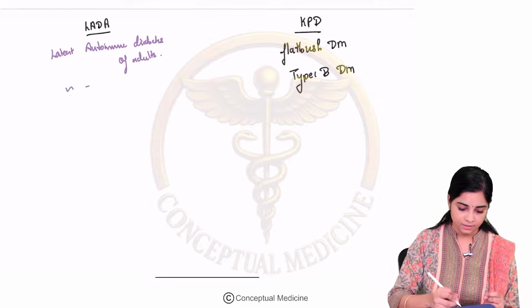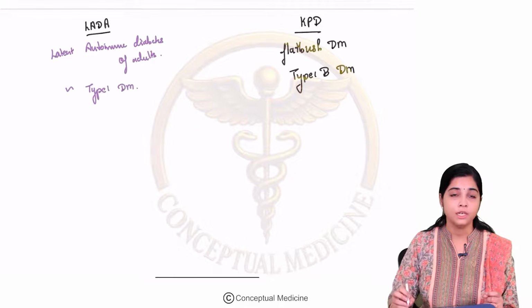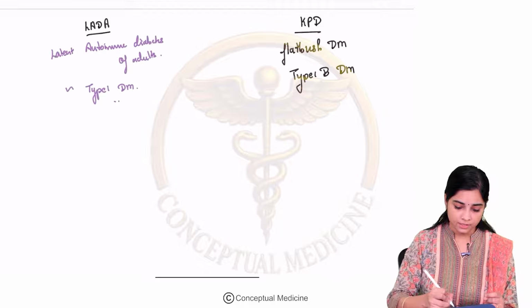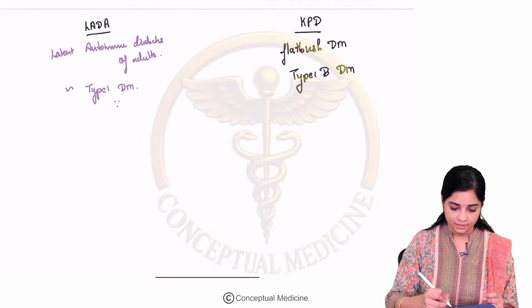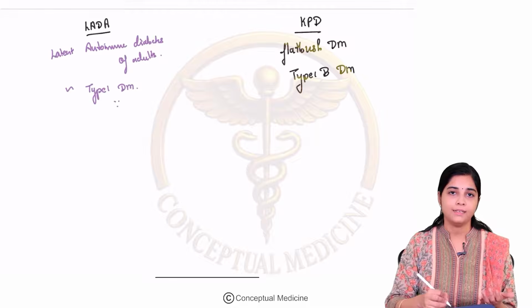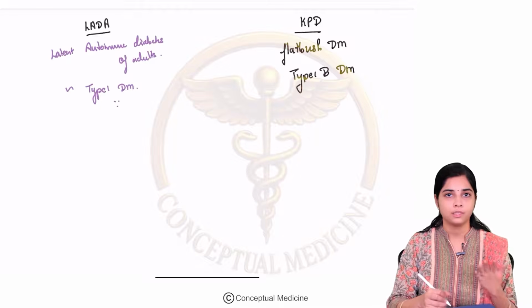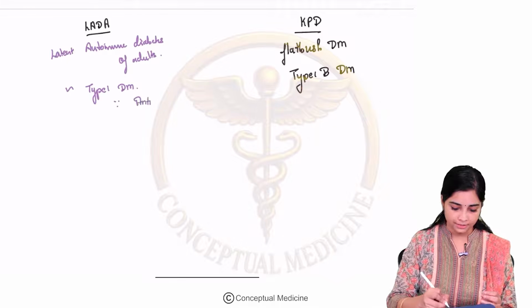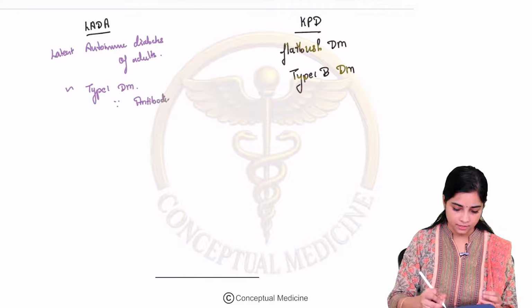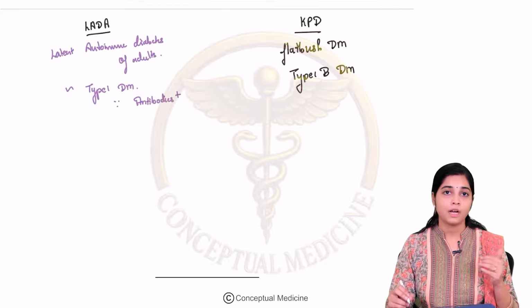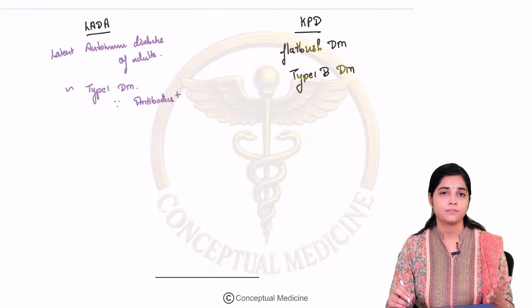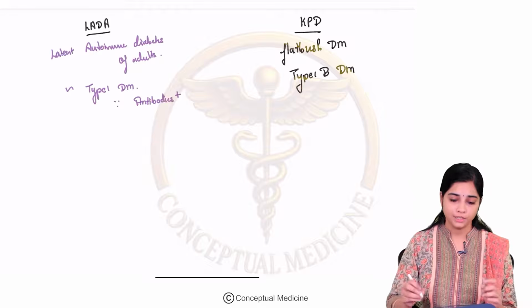LADA is very similar to type 1 diabetes. Why? Because it has your anti-insulin or your anti-GAD antibodies, which are the antibodies found in type 1 diabetes. So the antibodies are positive in your LADA. Okay. But how is this latent autoimmune diabetes of adults different from your type 1 diabetes?